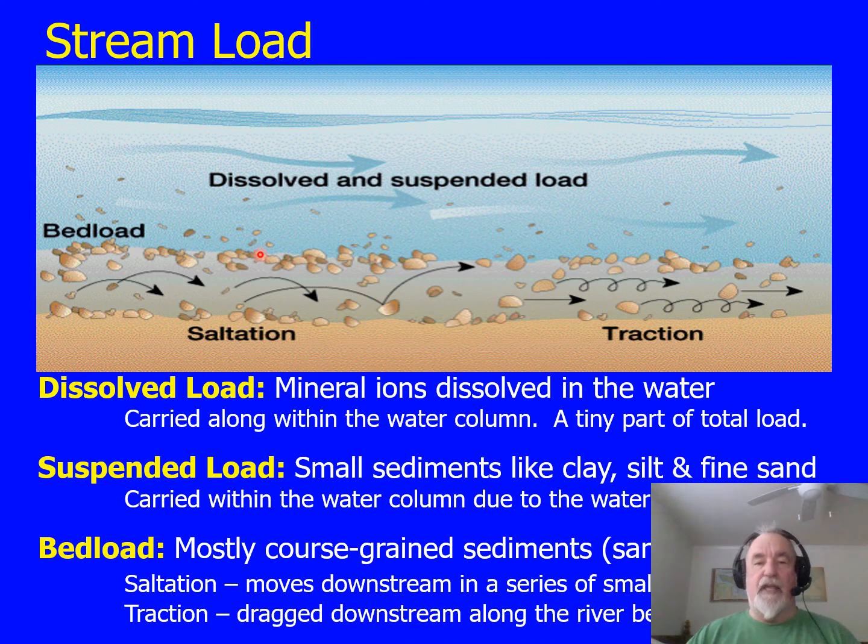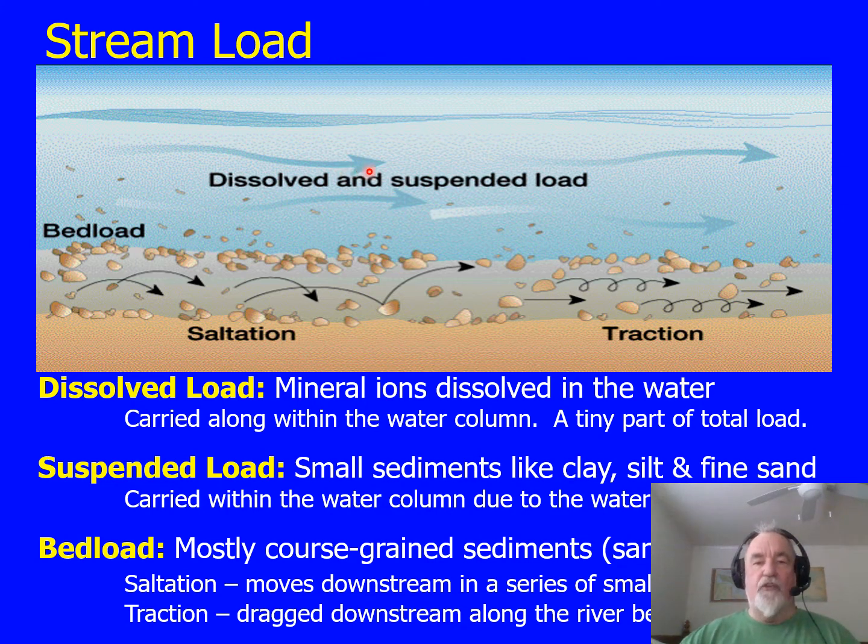Now, in a stream, we see material being carried in several different ways. First of all, dissolved. So we have some mineral matter dissolved to the ion level. So we have dissolved ions in the water, giving the water a mineral characteristic, but these are the finest parts that are being carried along by the water itself.